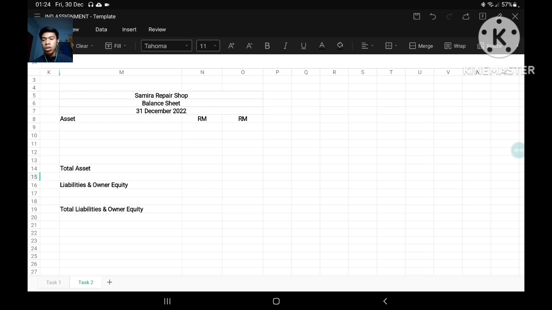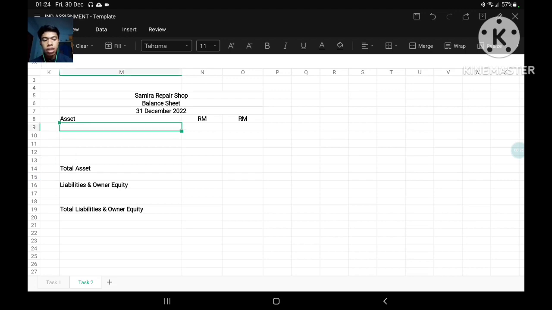In this table we have asset and liability. We want to get the total asset and total liability and owner's equity balanced, the same.